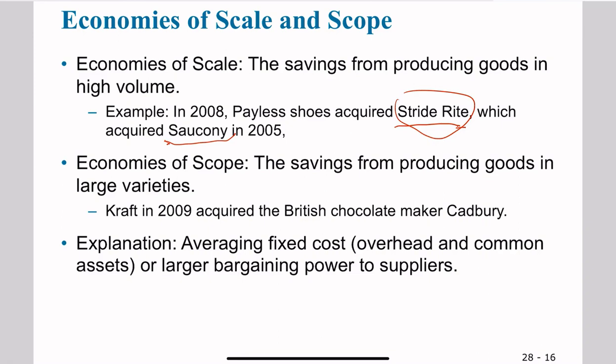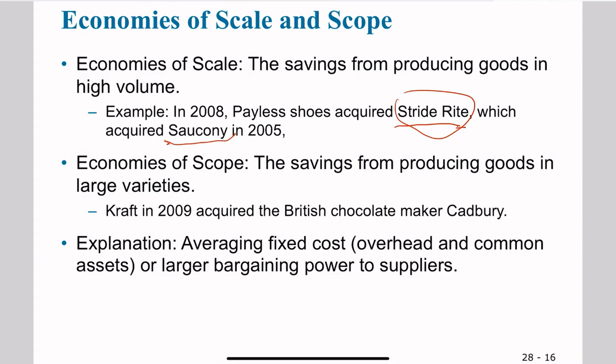So you can see that here we're looking at economies of scale because we basically merge three different shoe companies into one, and then their joint production quantity will be larger. So this could save some cost.